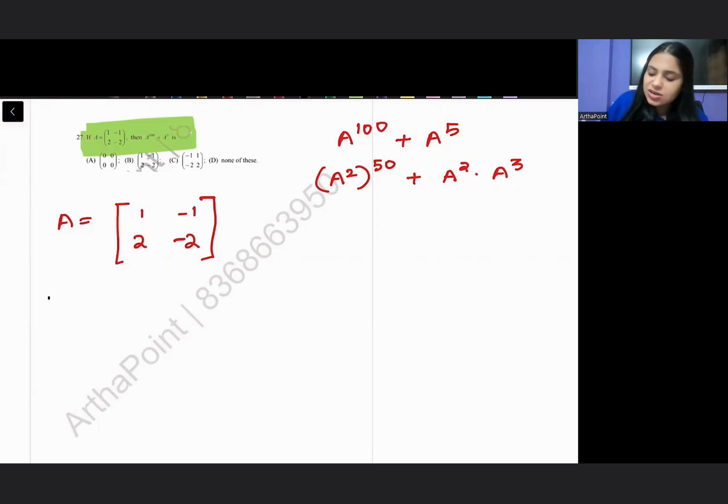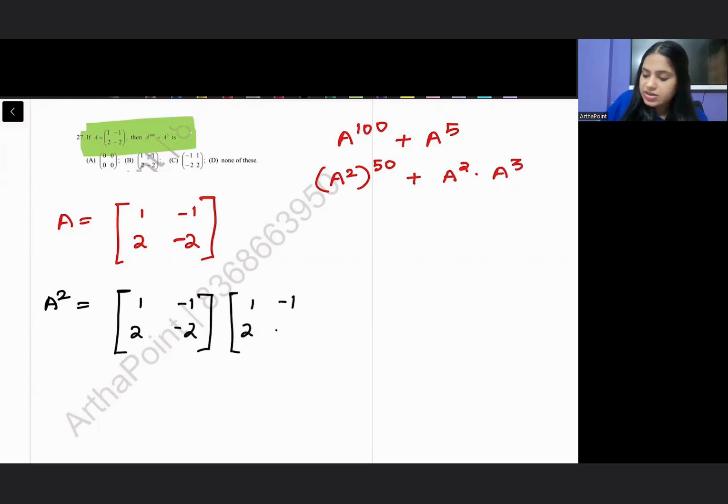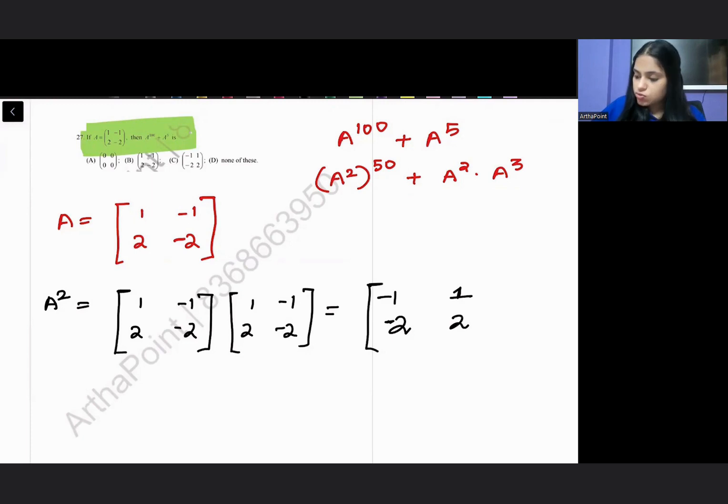So try to see that when I do A square, I am going to get 1, 2, minus 1, minus 2 into 1, 2, minus 1, minus 2. And this is going to give me 1 plus 1 minus 2, minus 1, minus 1 plus 2, 1, 2 minus 4, minus 2, minus 2 plus 4, 2.